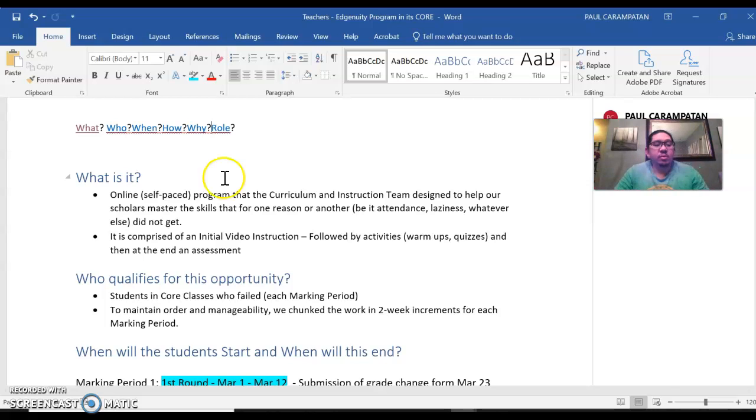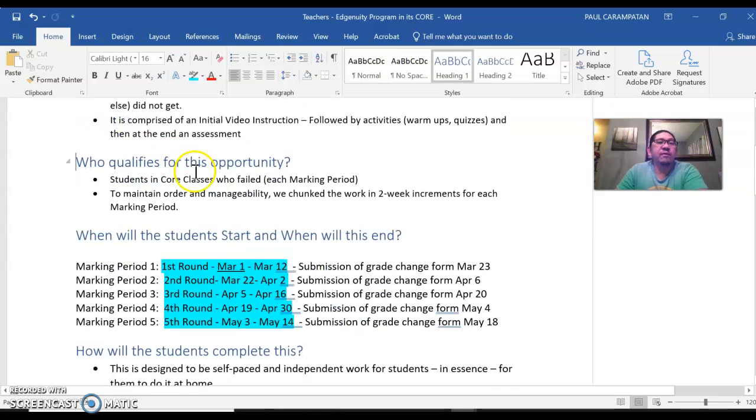The next question is, who qualifies for this opportunity? Like I said, it's any student who was not successful in a core class in each of the marking periods. For clarification and manageability, we chunked the work into 2 week increments for each marking period.